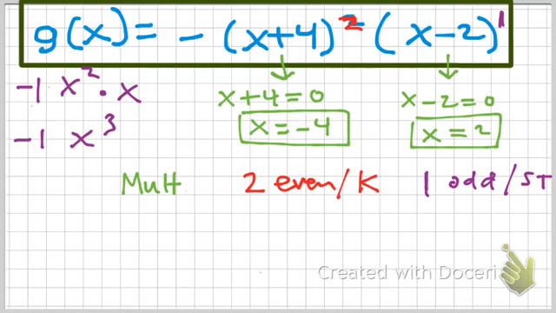So our graph, x to the third starts down, ends up, and because it's negative, it's gonna change, right? Starts up, ends down.